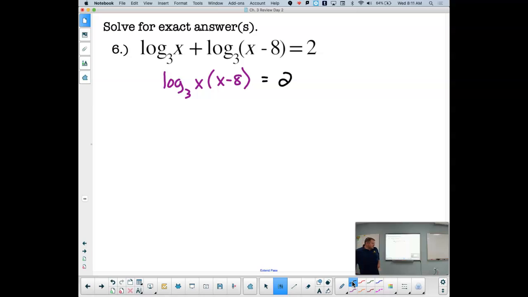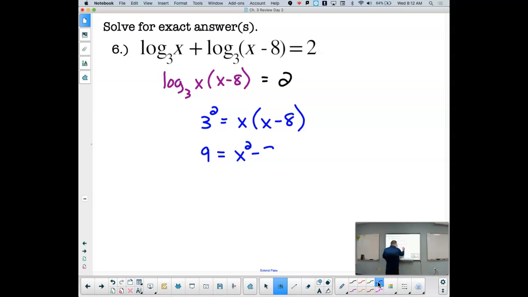Now I've got a single log that I can't do anything else with, so I'm going to switch forms. This becomes 3 squared equals x times x minus 8. 3 squared is 9. X times x minus 8 is x squared minus 8x when we distribute.